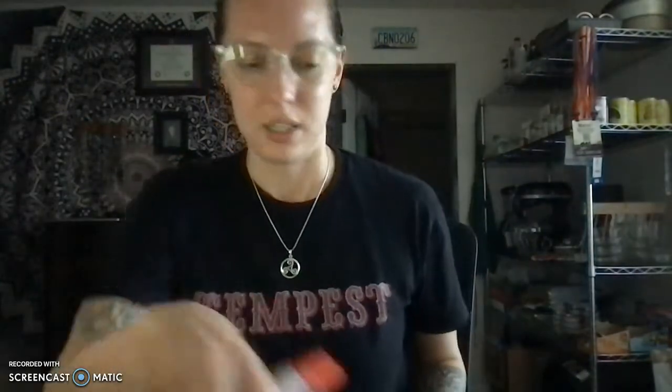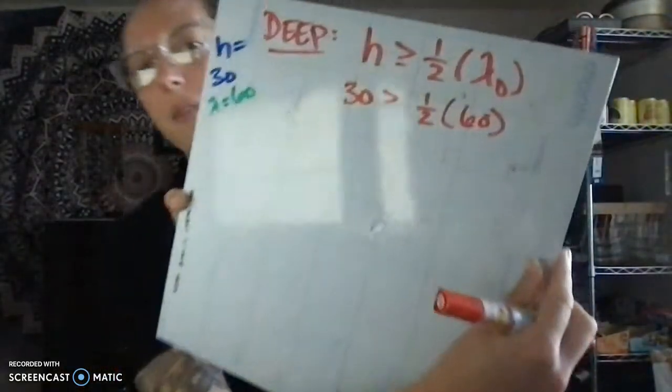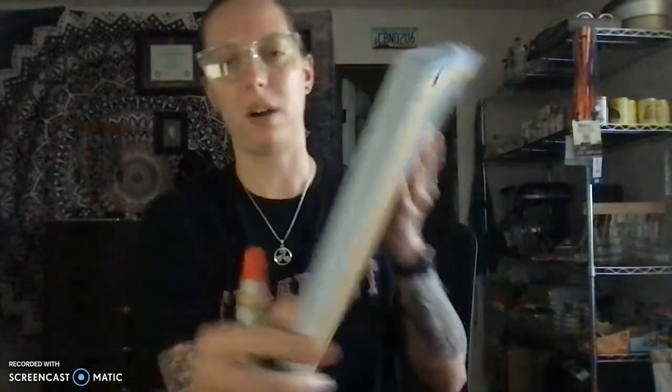So to walk through this first relationship, let's see if 30 is greater than 1/2 of, and it might actually be greater than or equal to. I think it's supposed to have that equals there as well, but here we are. Greater than or equal to 60. I've literally written it out step by step, but I'm going to put a little question mark there to ask, is it true though?